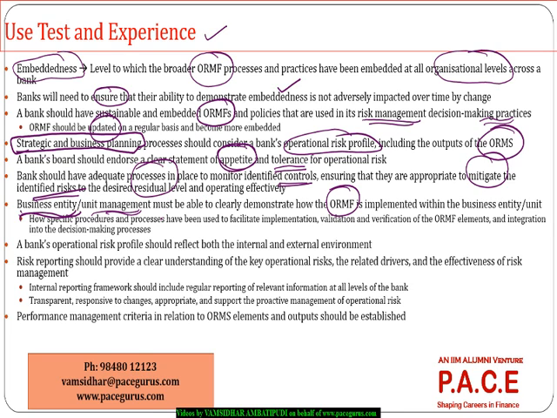So different kinds of processes, practices, procedures, policies, everything, they should be able to demonstrate the entire implementation, validation, and verification of the risk management framework, and how the framework is integrated into the overall decision making process of the organization.